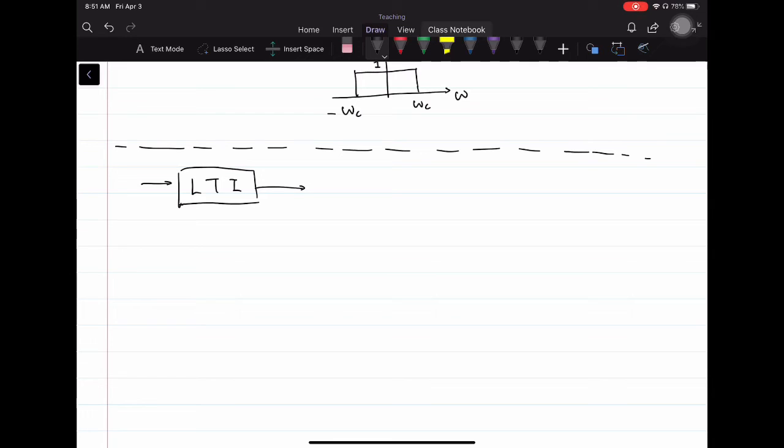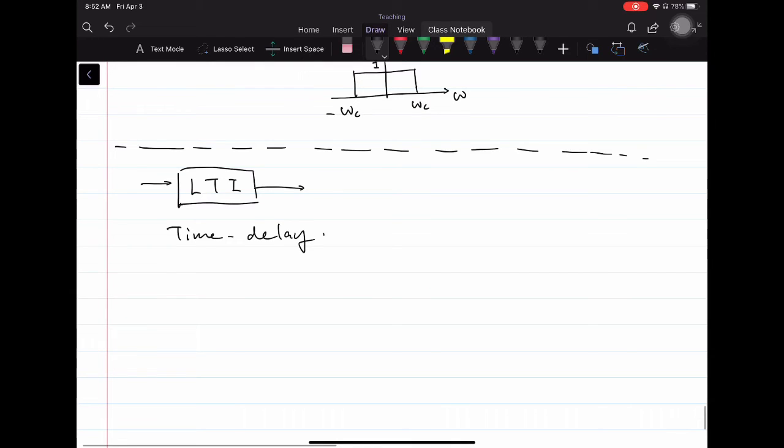For instance, sometimes you want an LTI system to represent a time delay. If you want an LTI system to represent the time delay, that means h of t is equal to delta of t minus t naught, right? So when we enter delta t into the system at the input, the response, delta of t minus t naught, appears at t equal to t naught. So it is a time delay with the amount of t naught.